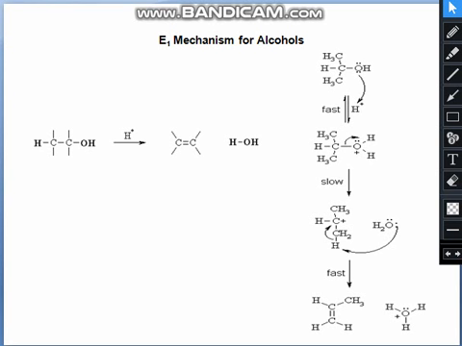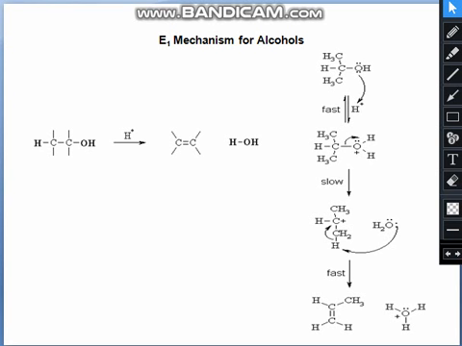Then step 2: cleavage of the carbon-oxygen bond allows the loss of a good leaving group, a neutral water molecule, to give a carbocation intermediate. This is the rate determining step because a bond breaks in this. It is endothermic, meaning this reaction is slow.